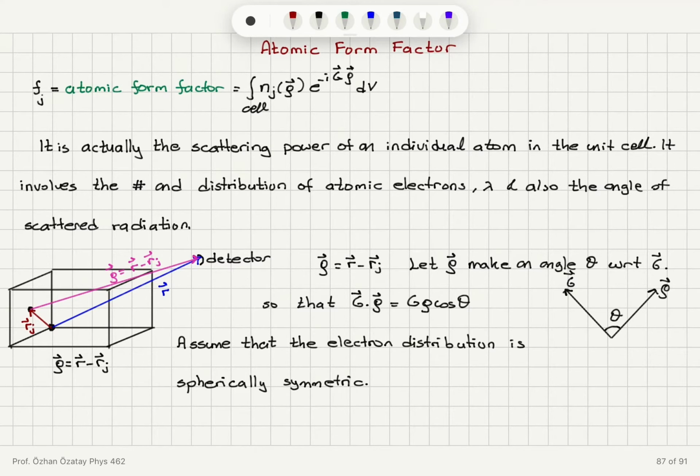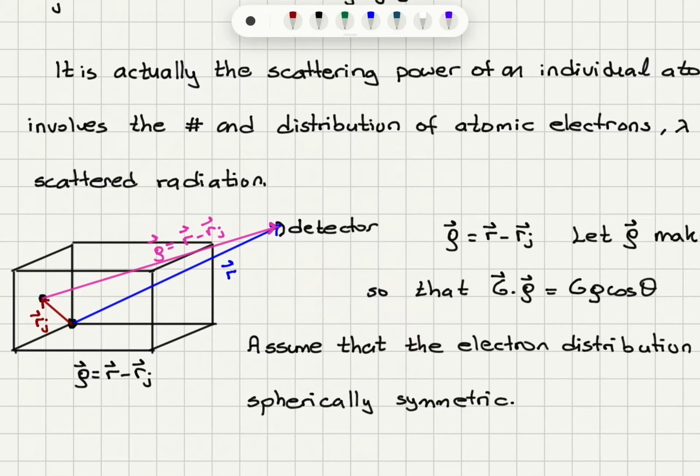So once again, this is our setup. For example, if we have a two-atom basis, one atom at the corner, the position vector of the atom with respect to the detector is r. The position vector of the second atom with respect to the corner is r_j, then rho equals r minus r_j is the position vector of the detector with respect to the jth atom, or we can reverse the direction.